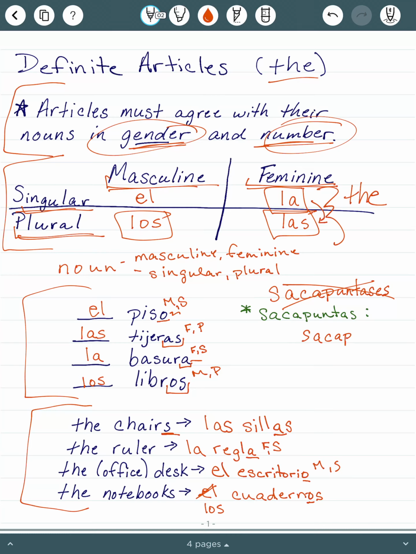You are not going to change that word at all. If you're saying the pencil sharpener and it's just one, you'll say el. If it's more than one pencil sharpener, it's still going to be sacapuntas. And you're just going to make that el plural and turn it into los. We don't have a lot of words like that you don't change, but there are some.